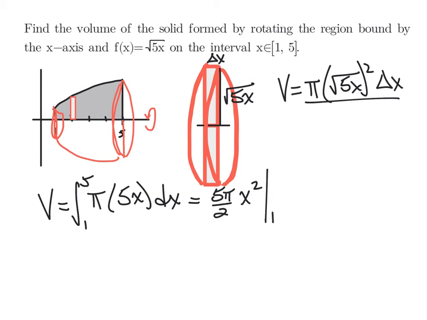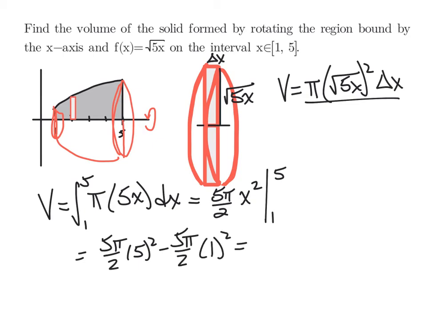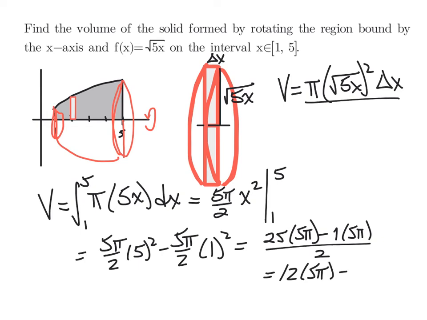And we'll evaluate this from 1 to 5. And we'll have that total volume being 60 pi units.